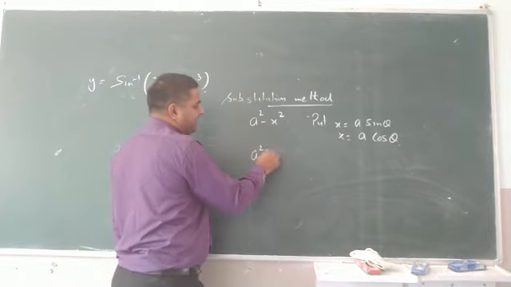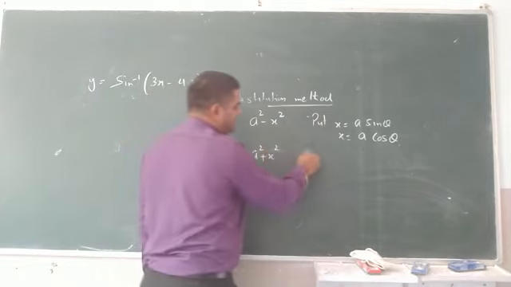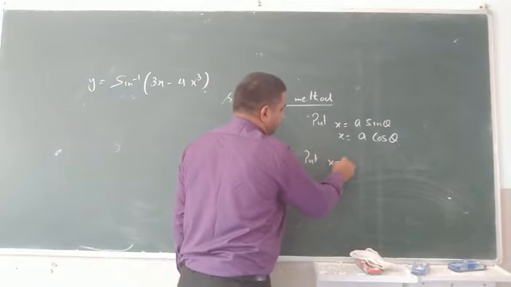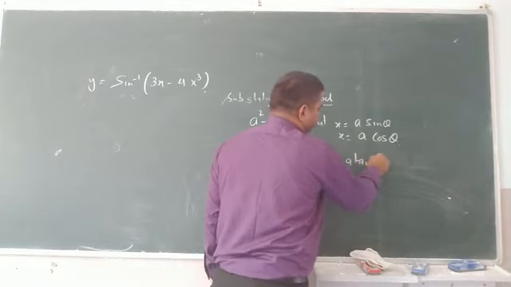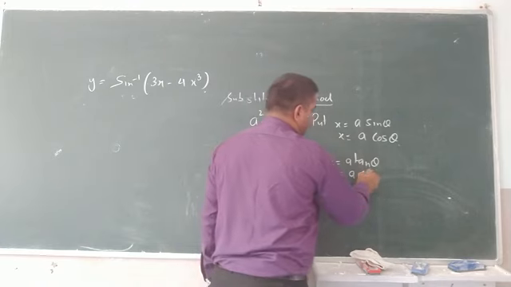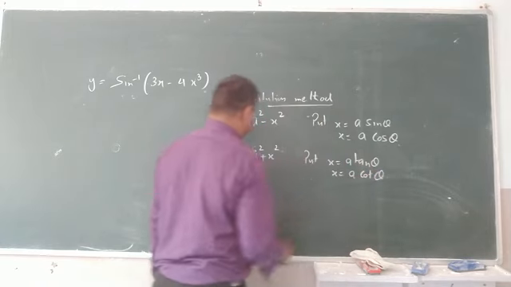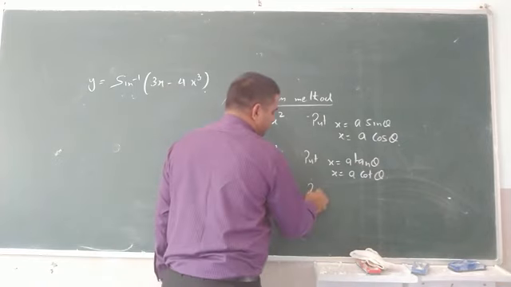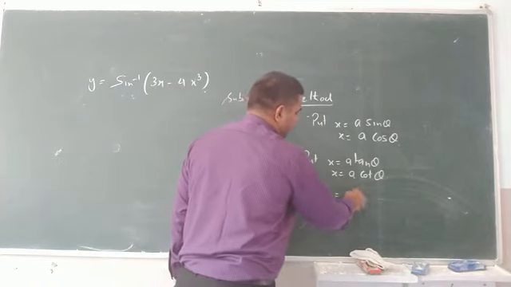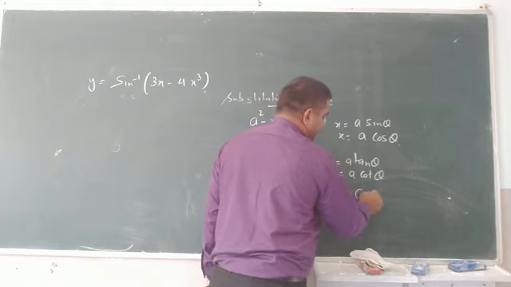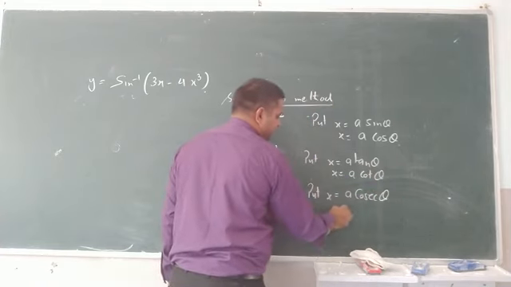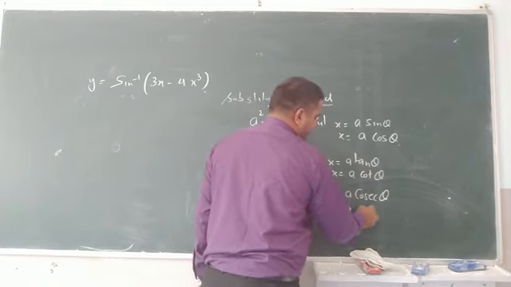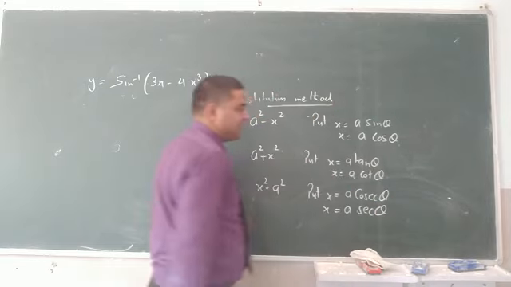Second, if we have a square plus x square, then we put either x equals a tan theta or x equals a cot theta. And if we have x square minus a square, then we substitute x equals a cosec theta or x equals a sec theta.